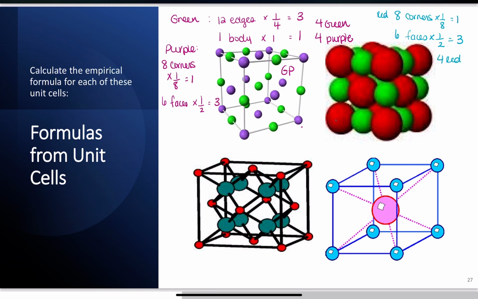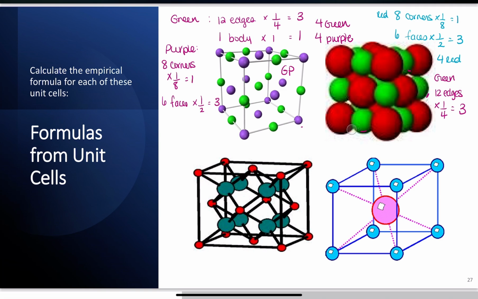Next, I'm going to look at my green. I see the green here, here, here. These are edges. I've got 12 edges. Each edge contributes 1/4, which is an overall 3.